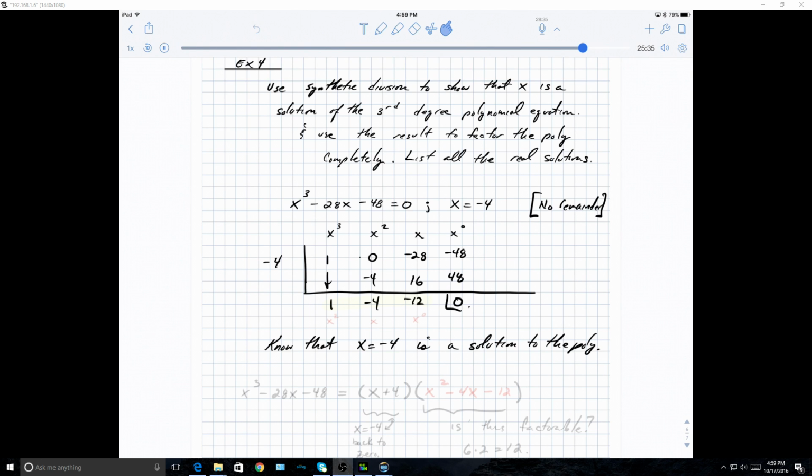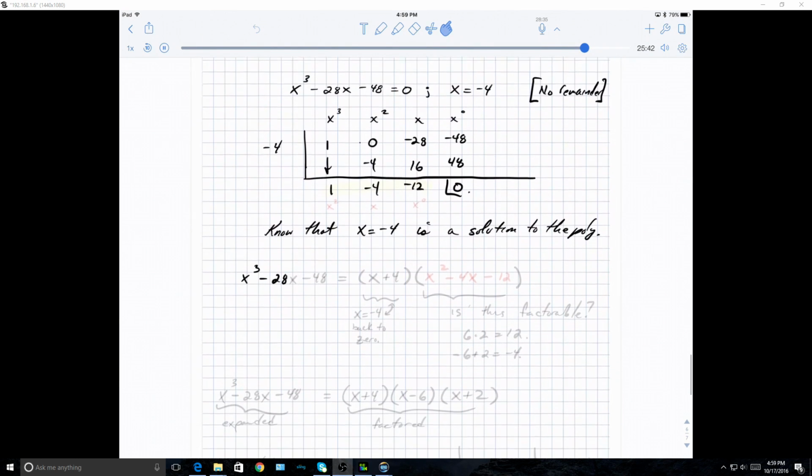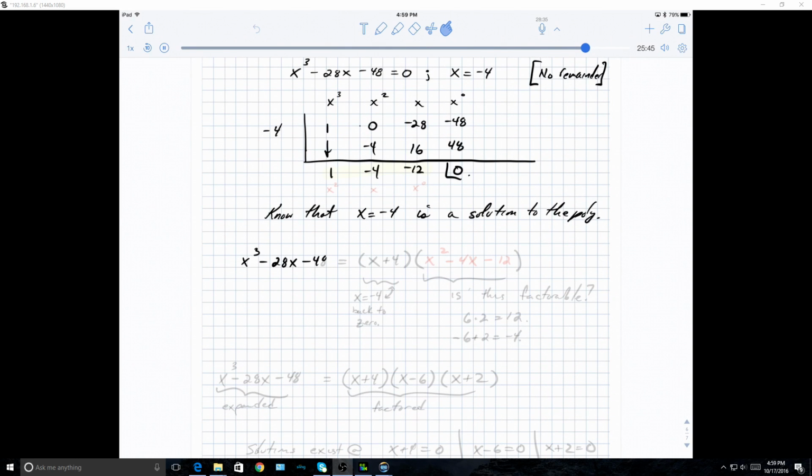Now it asks us to completely factor it. So what we now know is that x cubed minus 28x minus 48 is equal to the factor x plus 4, right? Remember, this is opposite of the x. So because x is equal to negative 4, this has to be the opposite to get back to 0.